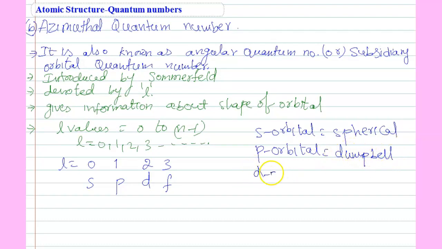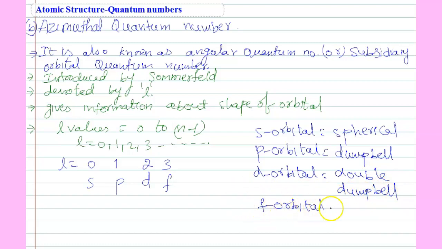Then what about d orbital? Double dumbbell. Then what about f orbital shape? So f orbital is complex. So these are the shapes.